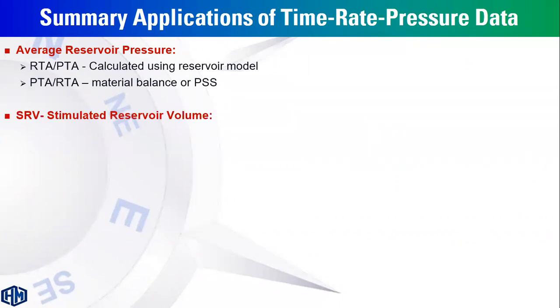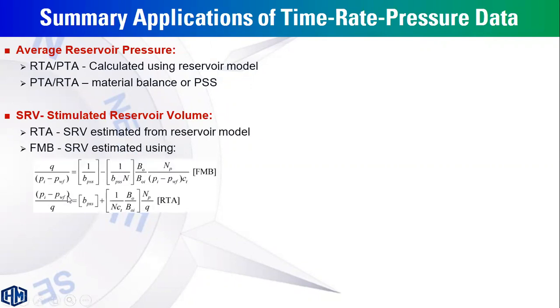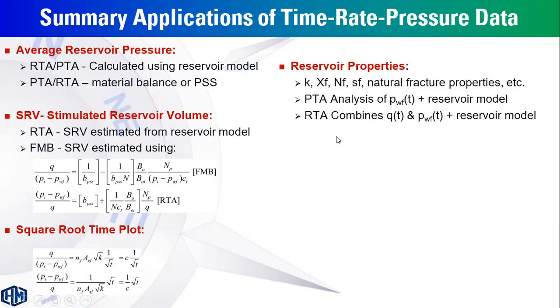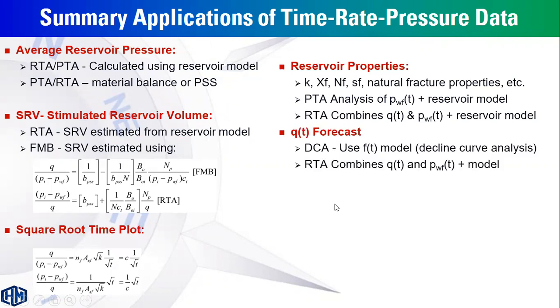We can use this data for PTA or RTA to calculate the reservoir pressure, calculate stimulated reservoir volume from RTA, and also the flowing material balance to generate the square root plot for hydraulic fracturing operations, reservoir properties, and also to predict the fluid as a function of time. So all of these applications can be performed using the data of flowing pressure, rate, and time.